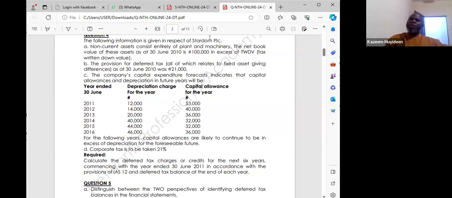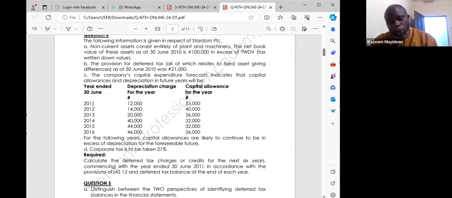What will I multiply with the temporary difference to give me a deferred tax liability of 21,000? What percentage? By the time you do it, you get the answer. Okay. Now, they give us depreciation and capital allowance.